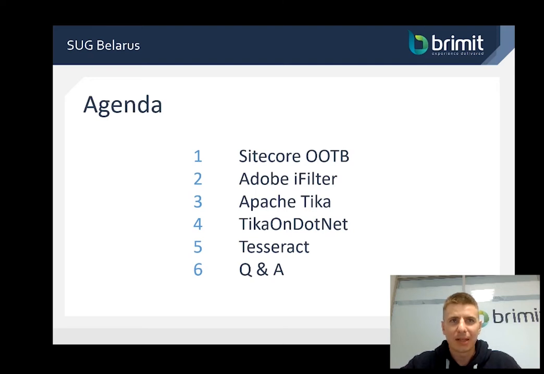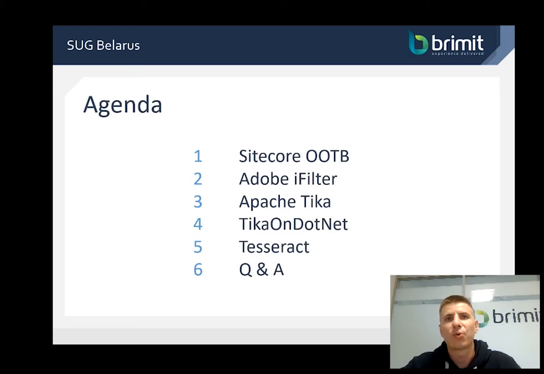In today's agenda, first of all, we will check what solutions Sitecore has out of the box. Then I will introduce some additional solutions that Sitecore supports. There are two supported solutions. The first is using Adobe iFilters, and the second one is setting up Apache Tika.